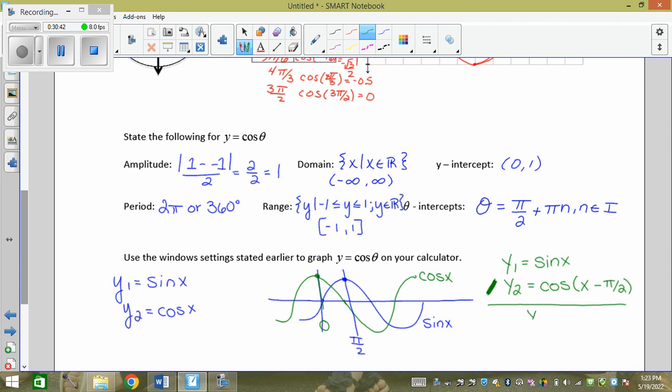So if I make y1 be cos, how can I move sine to make it land on cos? Yeah, you're going to add pi over 2 because we need to move it to the left pi over 2.